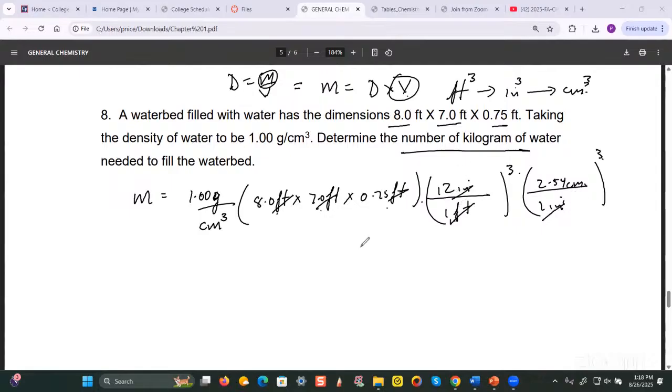So what we have done so far is successfully convert from feet cubed to centimeters cubed. And this centimeter cubed unit will cancel out this centimeter cubed unit, so we'll be left with the answer expressed in grams. But remember, the question is not asking for the mass in grams. It's asking for the mass in kilograms.